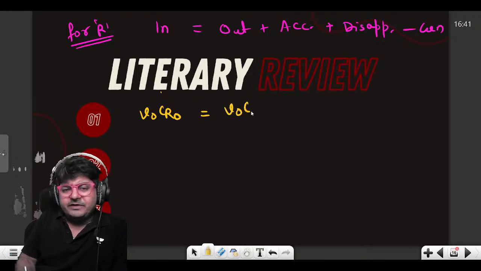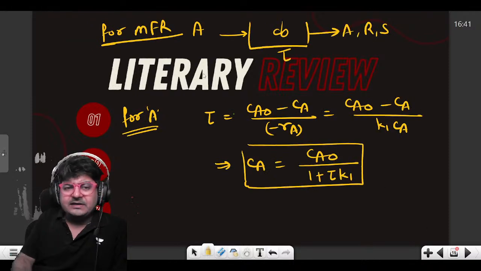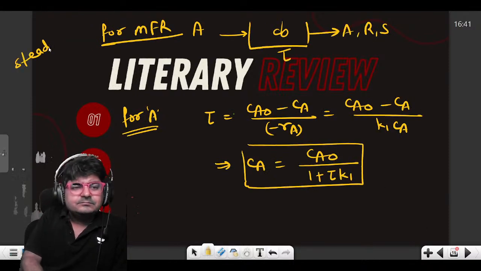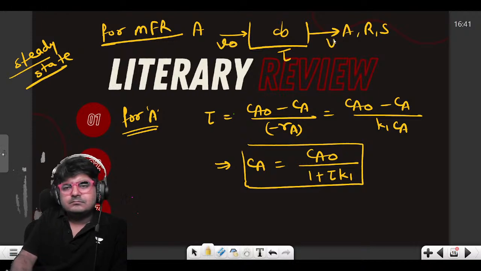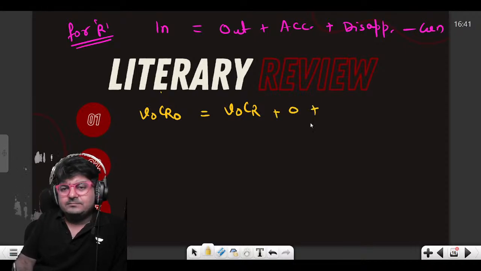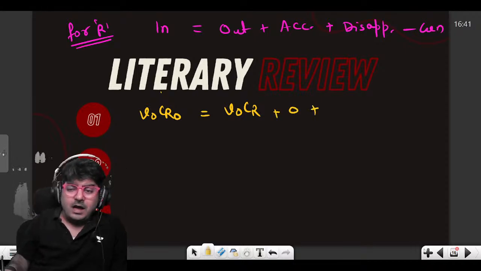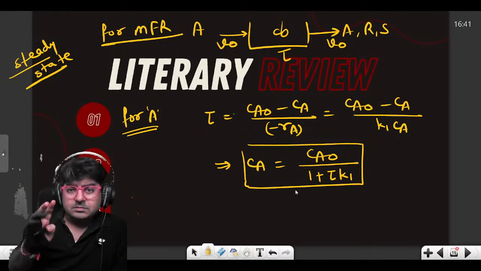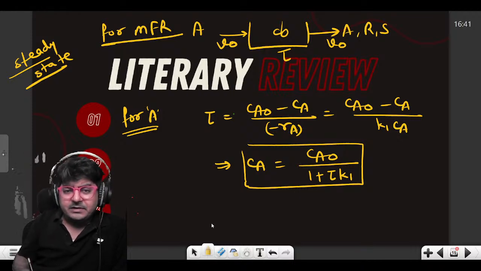Molar rate of R out V naught into CR, because this is operating at a steady state. Accumulation is 0.